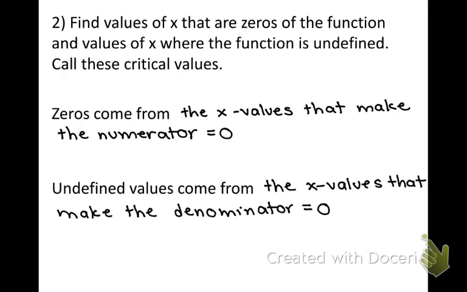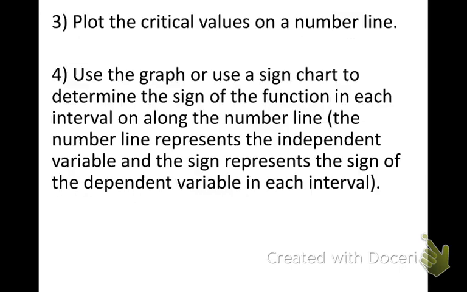And we need to make sure that we find both the zeros and the undefined values, both of them. Now, once we've done that, step 3 is going to be to plot these critical values on a number line. So we're going to simply draw a horizontal number line, and we'll put whatever our critical values are on it in order from left to right, least to greatest. The fourth step is to use the graph or a sign chart.